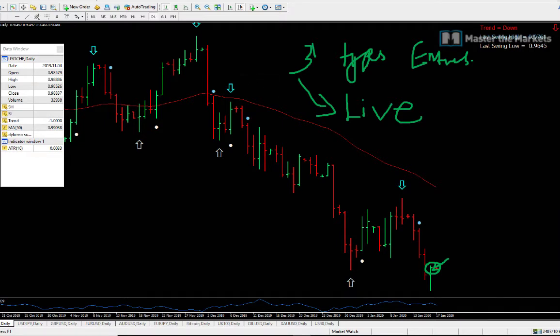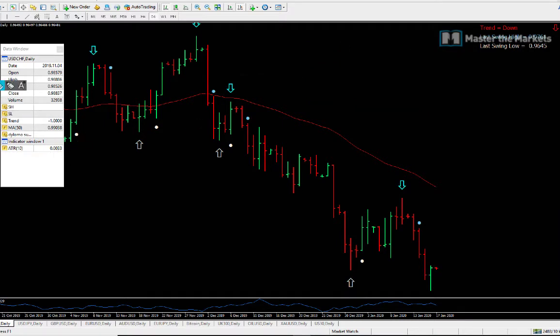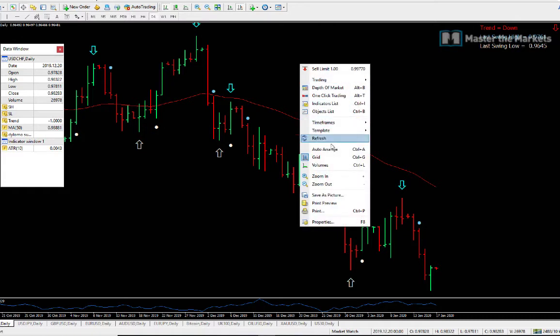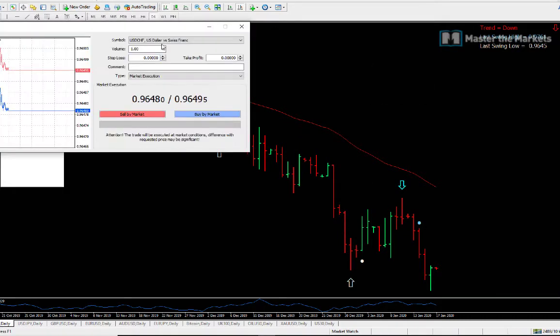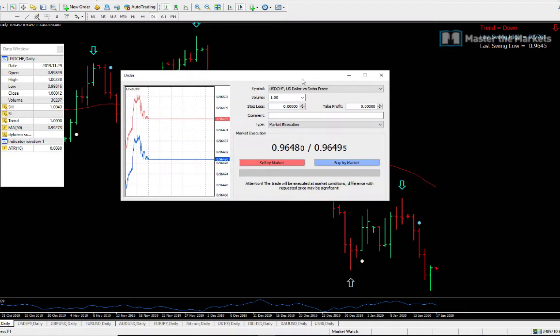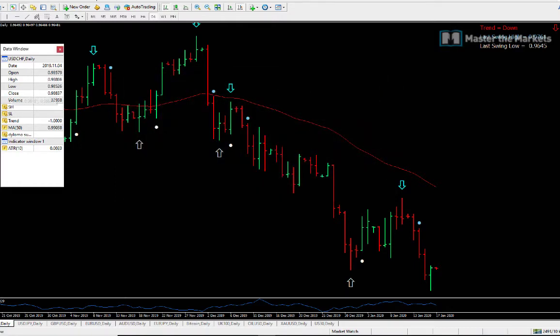So for example, if I were to bring up an order ticket over here, I can either just quickly click on buy or I can click on sell. So that's called live entry, okay? That's the first type of entry. Live entry. All right, entering live in the market.